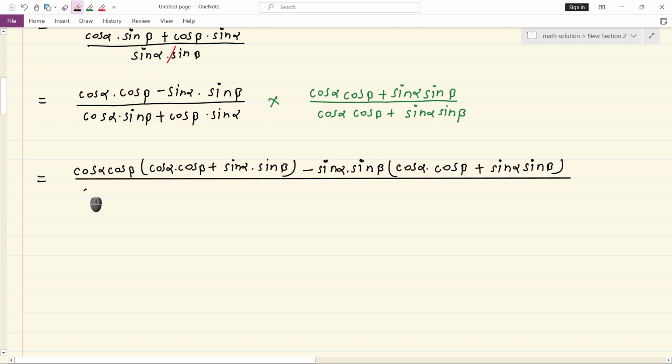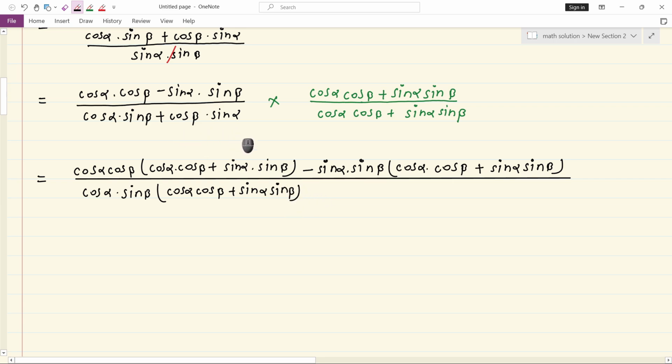In the denominator also, multiply the term cos alpha sin beta with the whole cos alpha cos beta plus sin alpha sin beta.